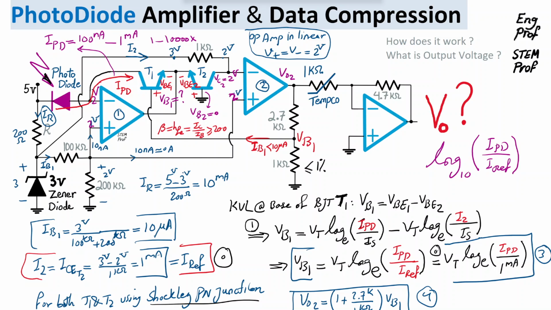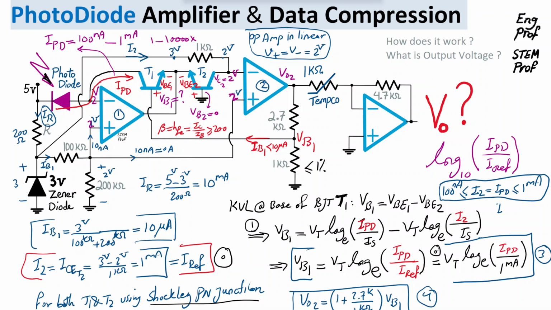I2 is the IPD, and we know that it is less than or equal to 1 milliamp at most, greater than or equal to 100 nanoamp minimum. So that's the property of the photodiode in this example.